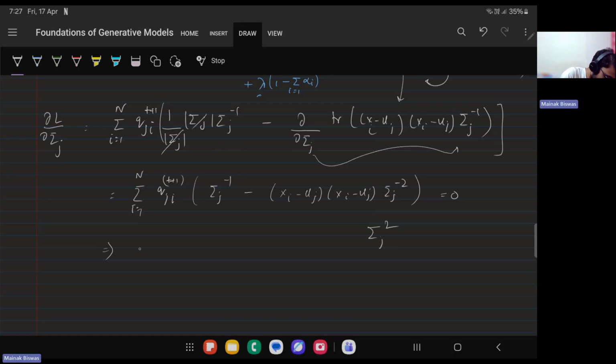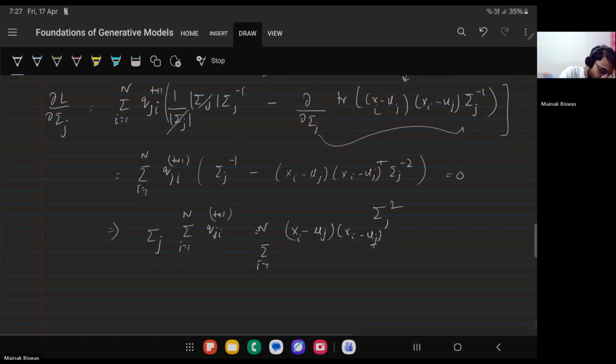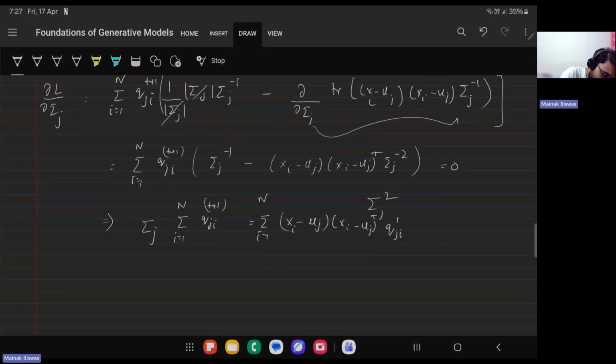And as soon as you do this, you get Sigma_j times the sum over i equal to 1 to n of q_ji^(t+1) is equal to the sum of (x_i minus mu_j)(x_i minus mu_j) transpose times q_ji^(t+1).